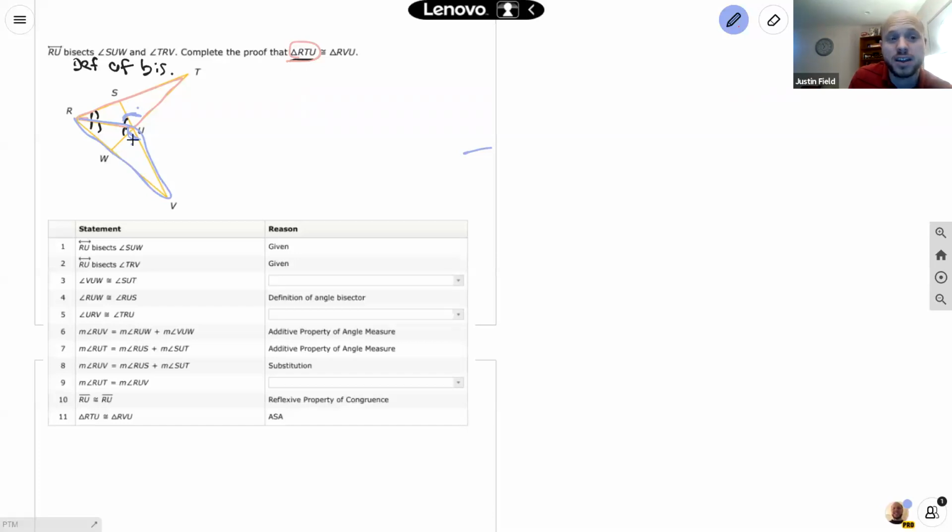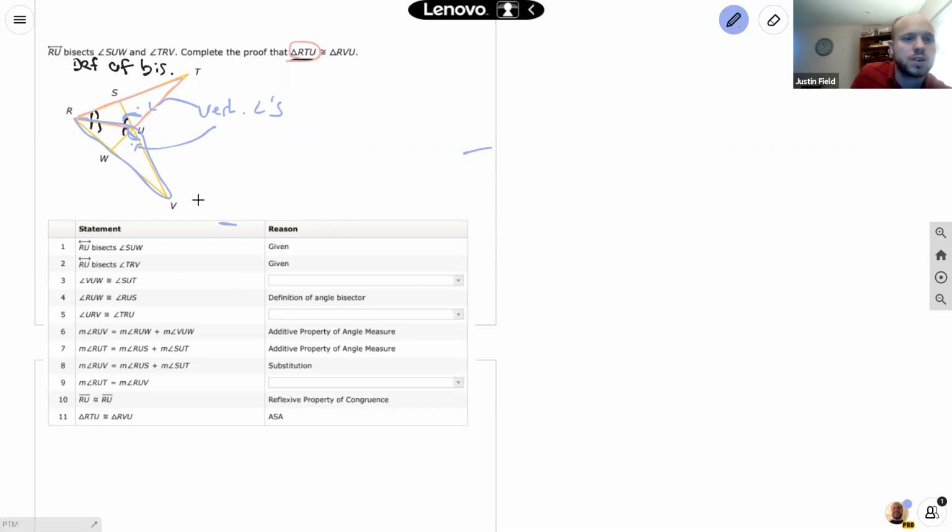But are they? Yeah, because of the vertical angles, right? These are vertical angles. So they're congruent. And the other parts of them are congruent because of the bisector thing. And so, you know, we can kind of see what's going on here. They are going to be congruent. So let's just see what they did, and we'll fill in the blanks.